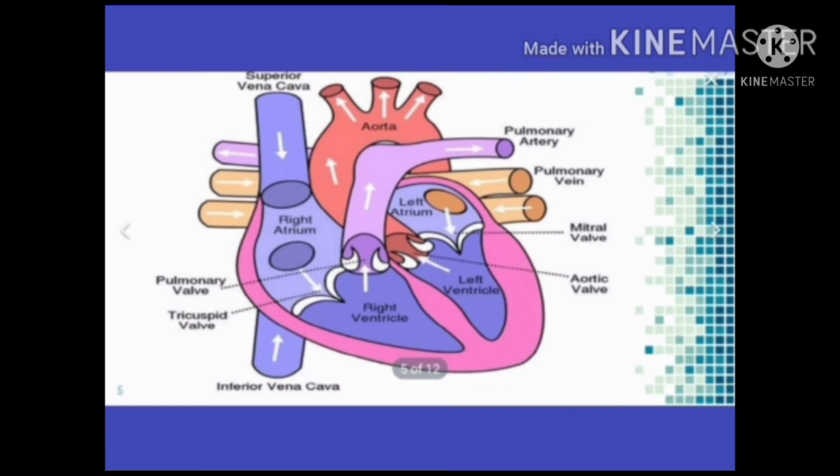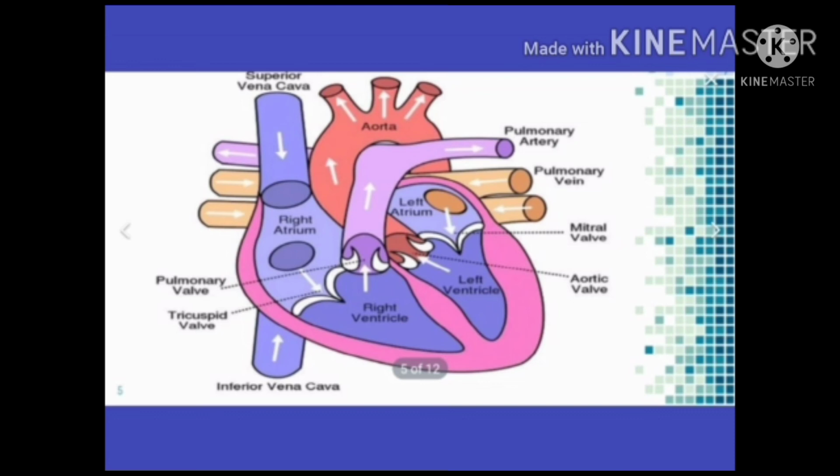Now some information about the different types of valves which are present in the heart. Right auricle opens into right ventricle through an aperture guarded by a tricuspid valve. The valve is supported by fine fibers called chordae tendineae. The left auricle or atrium opens into left ventricle through an aperture guarded by a bicuspid or mitral valve.